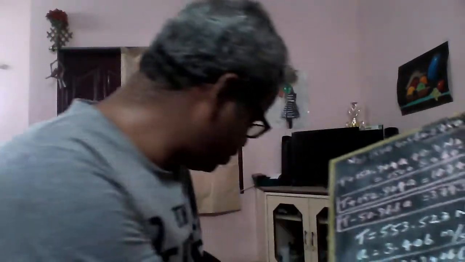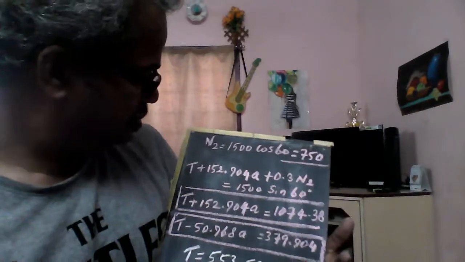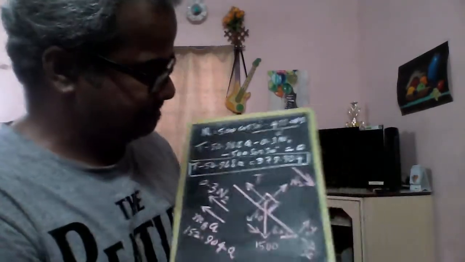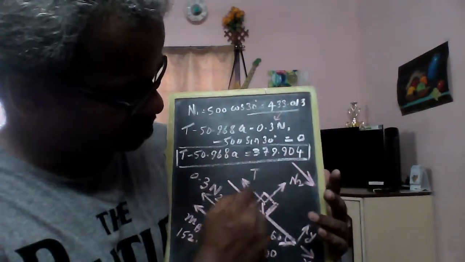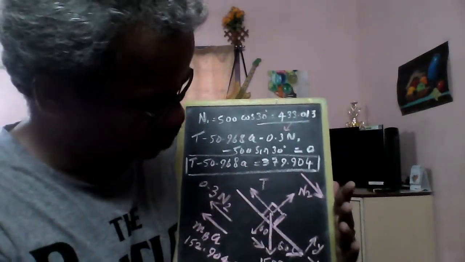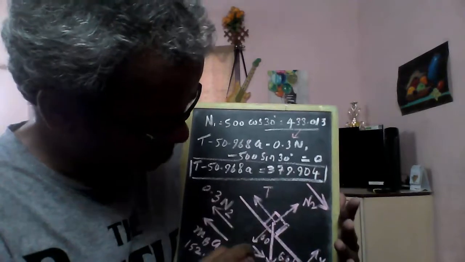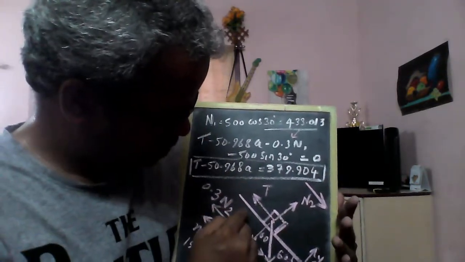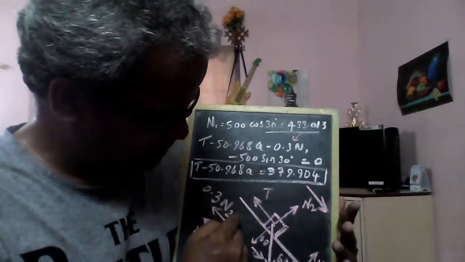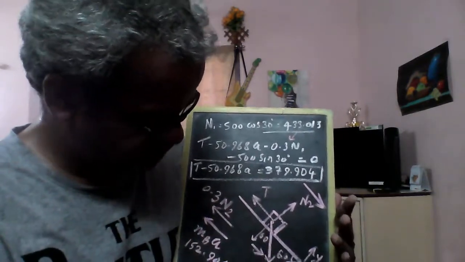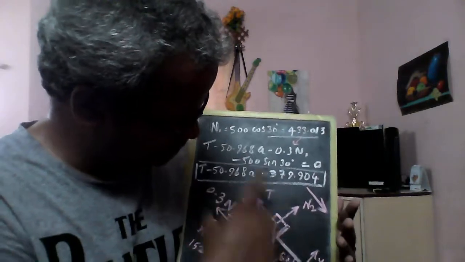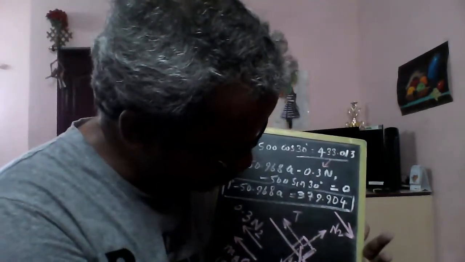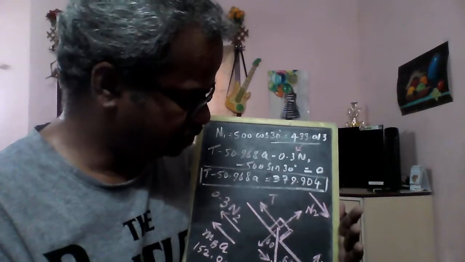In the second equation, the summation of forces along the x-axis is zero: the forces in this direction equal the downward forces.